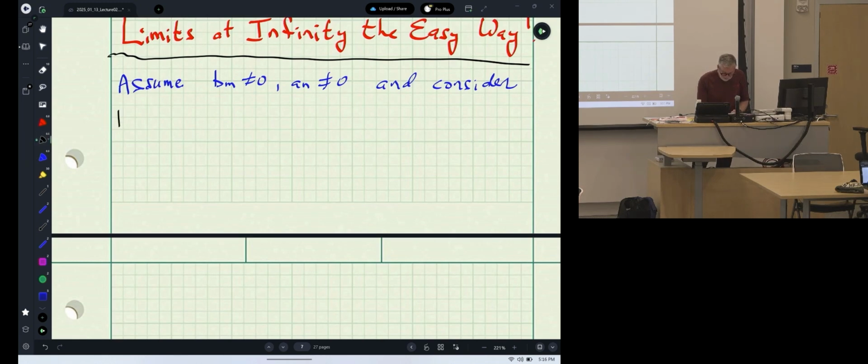Okay, so I'm going to write down b_m x^m, b_{m-1} x^{m-1}, plus dot, dot, dot, all the way down to the constant term.